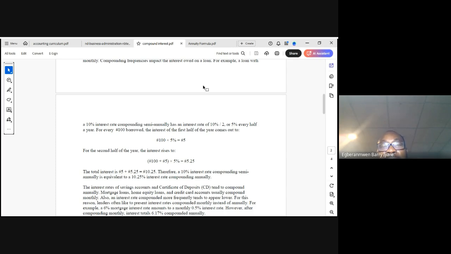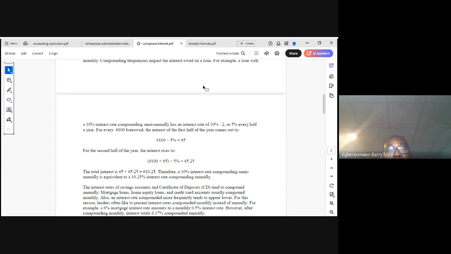Then take another 5% of that. If you do that, that will give you 5.25 at the end of the second half of the year. So the total interest for the year will be 5 naira plus 5.25 naira, which is 10 naira 25 kobo.